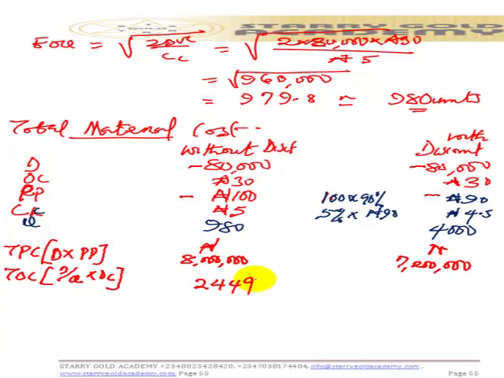We do the same for with discount: 80,000 units demanded, divided by the 4,000 units that must be ordered to enjoy the discount, times 30.